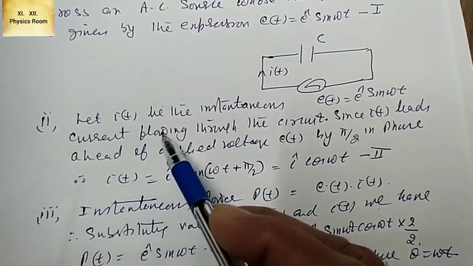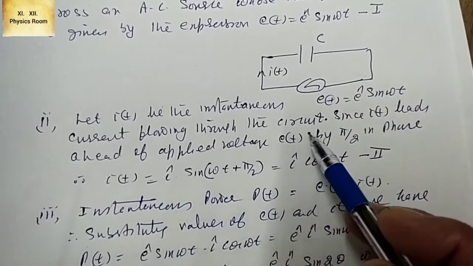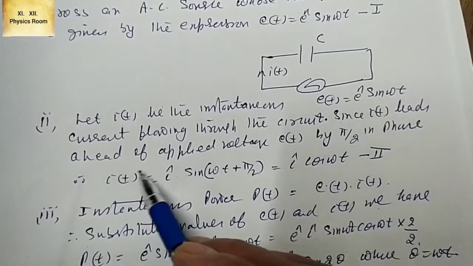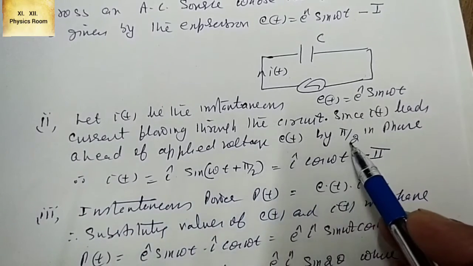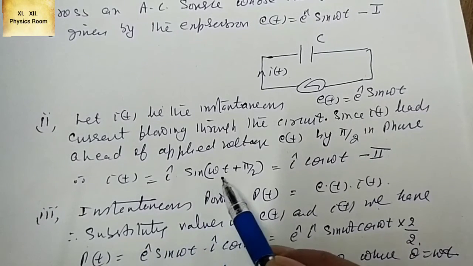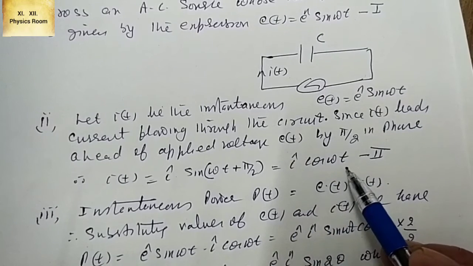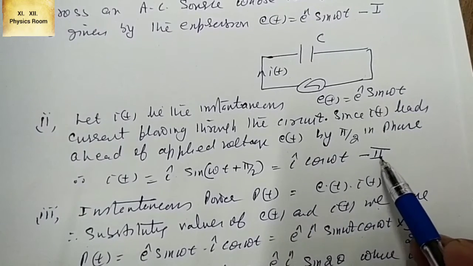Let i(t) be the instantaneous current flowing through the circuit. Since i(t) leads ahead of applied voltage e(t) by pi by 2 in phase, therefore i(t) can be expressed as I max sine omega t plus pi by 2, or i(t) is equal to I max cos omega t. Let us mark it as equation 2.